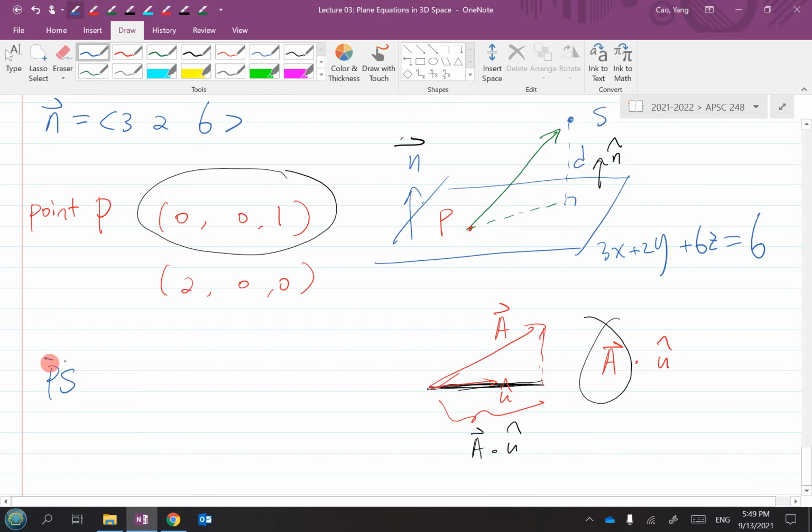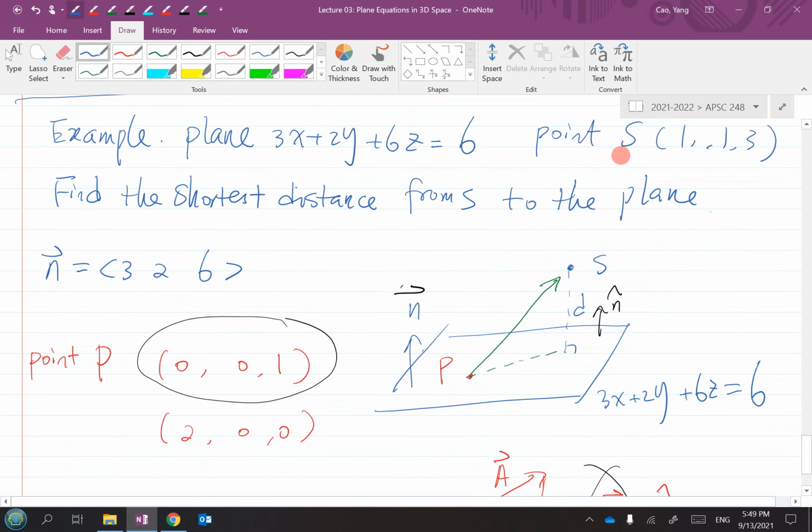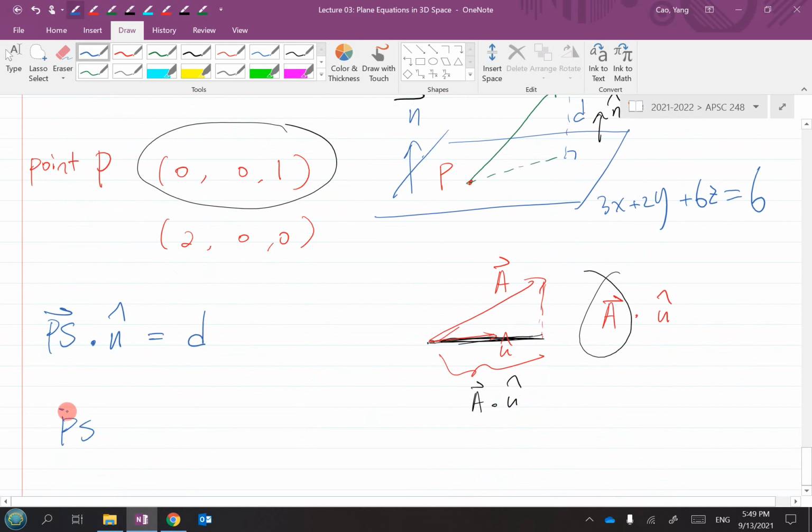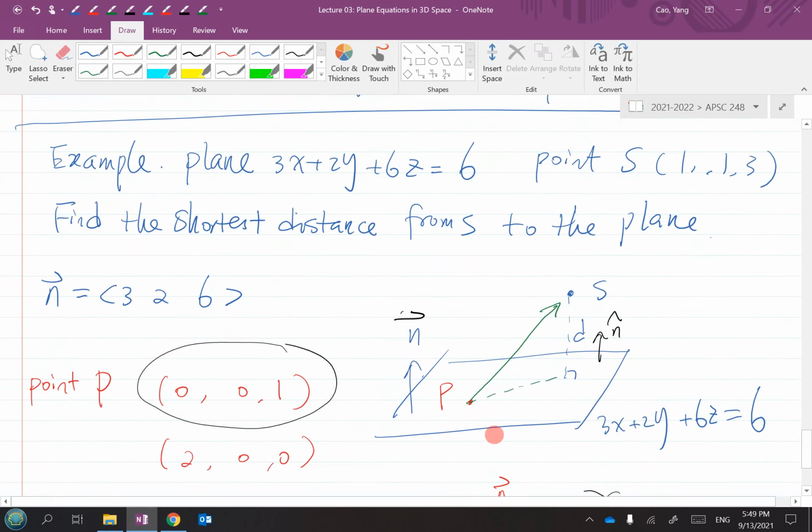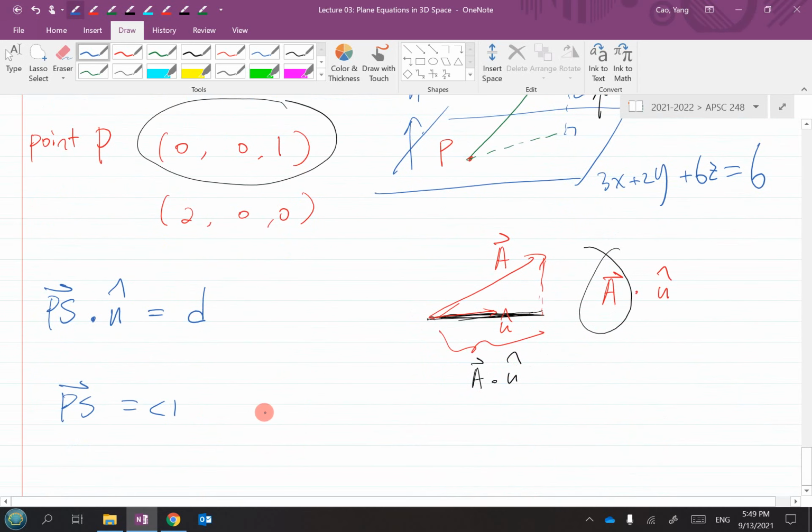So PS dot N hat is the D. The next few steps will be much easier once you write this down, because you already have P and S, so you can easily write down PS using the coordinates of S minus the coordinates of P. S is (1, 1, 3), minus the coordinates of P, (0, 0, 1), and the whole thing is (1, 1, 2).